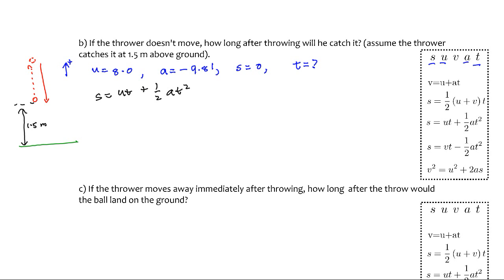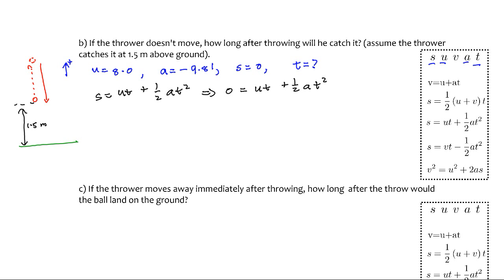I know that my s is 0, so I can write 0 is equal to ut plus half at squared. Now this is a bit of a quadratic type of equation, but I can solve it quite easily without using the quadratic formula if I factorize it.